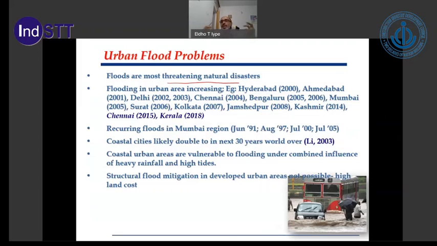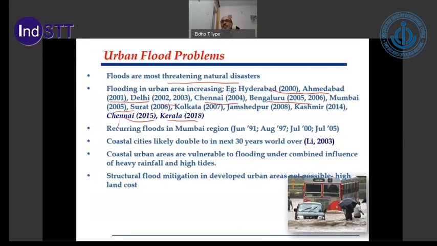If you look at the condition overall in the world, and especially in India, we can see a number of flooding events in the last few years, starting from, for example, the last 20 years: Hyderabad in 2020, then Ahmedabad in 2001, then Delhi in 2002, 2003, Chennai 2004, Bangalore 2005, 2006, Mumbai a heavy flood in 2005. And in recent times, for example, Chennai 2015 and Kerala 2018 and even 2019.